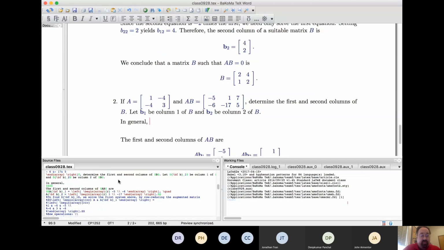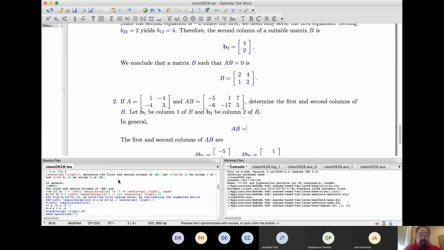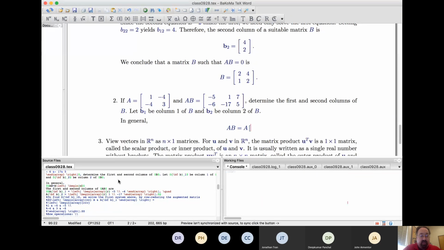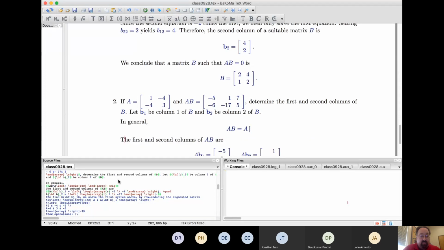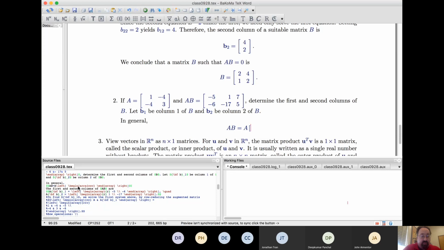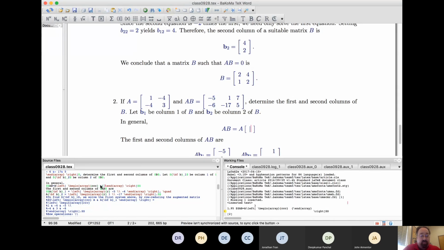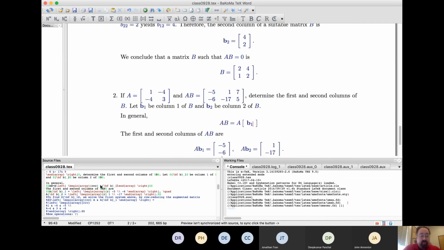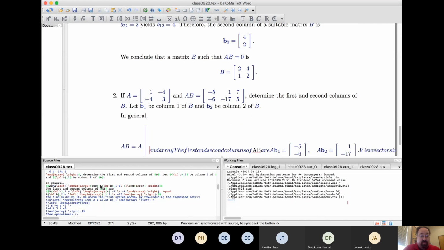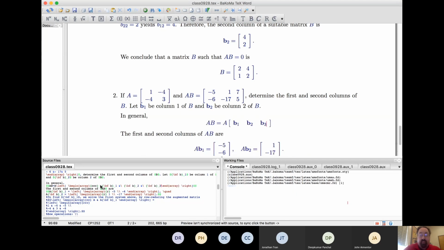If my product AB is equal to A times B, and I write out B in terms of its columns, B1, B2, B3, we know there are 3 of them.